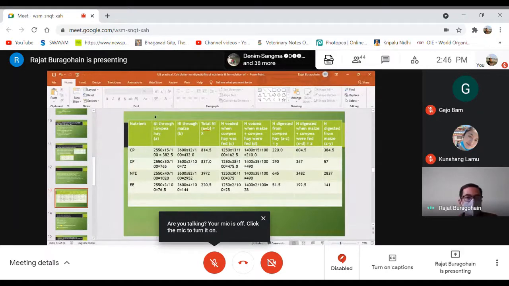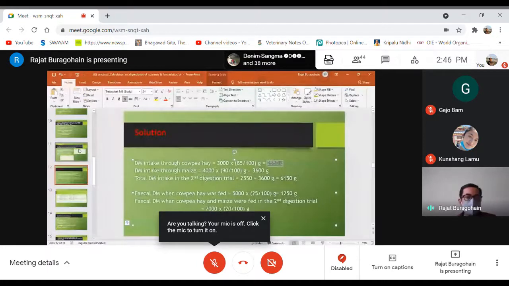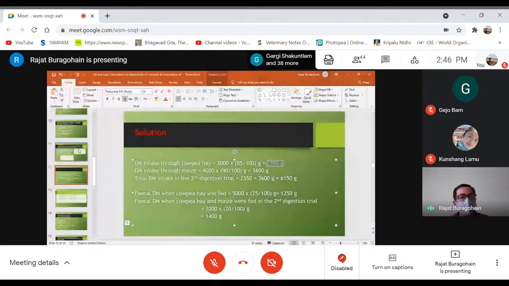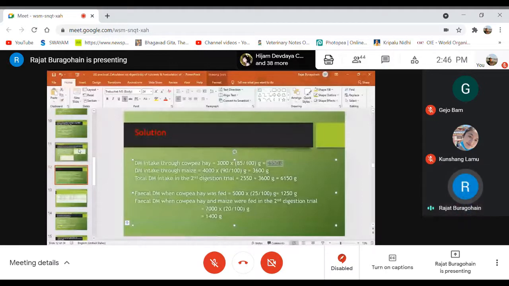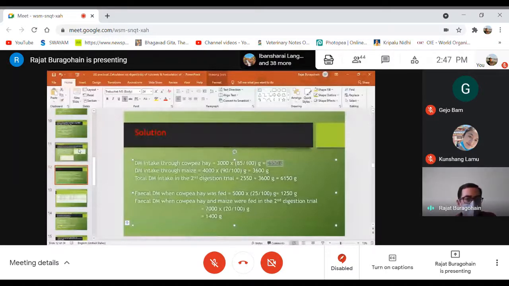That means when only cowpea hay was fed to the dairy goat, what was the consumption of CP? What was the consumption of crude fiber? What was the consumption of NFE? And what was the consumption of ether extract? Okay, this one. Do not assume that this is a very complex thing.